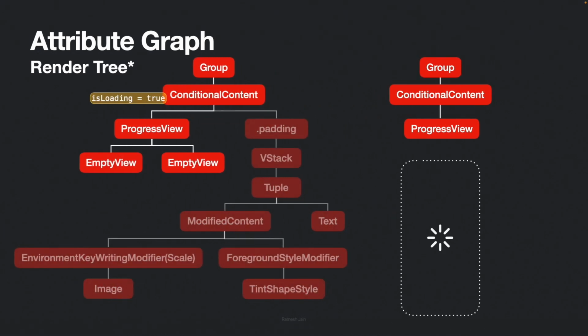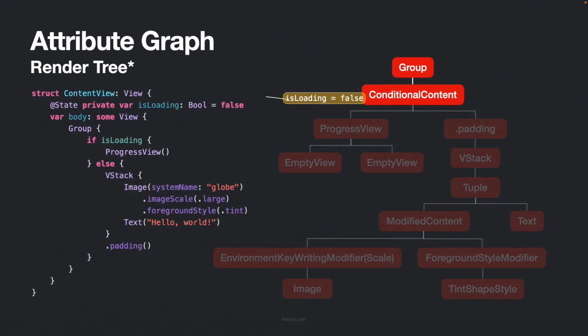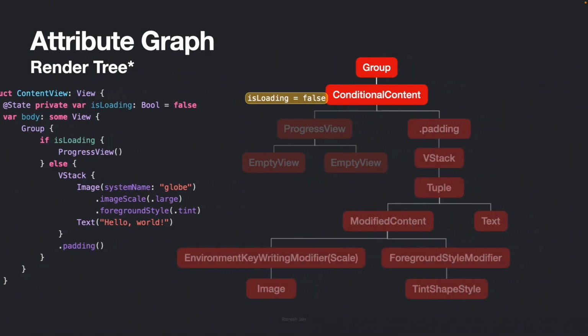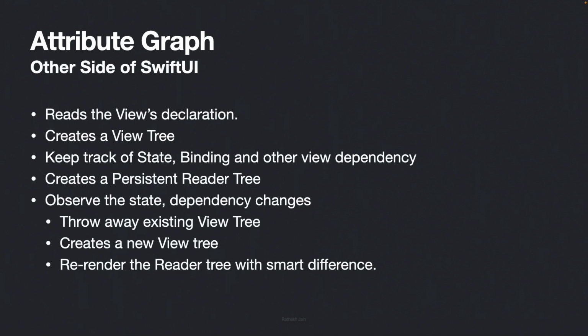We will see the indicator whenever the value changes to true, false again, true again. I think I made a mistake. Then it will create the new render tree with this. So this is how the attribute graph does the work, the SwiftUI magic behind the curtains.